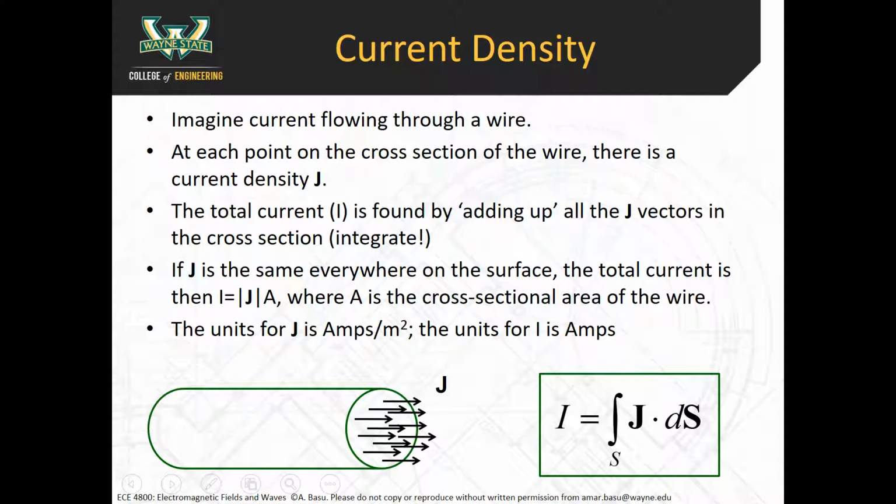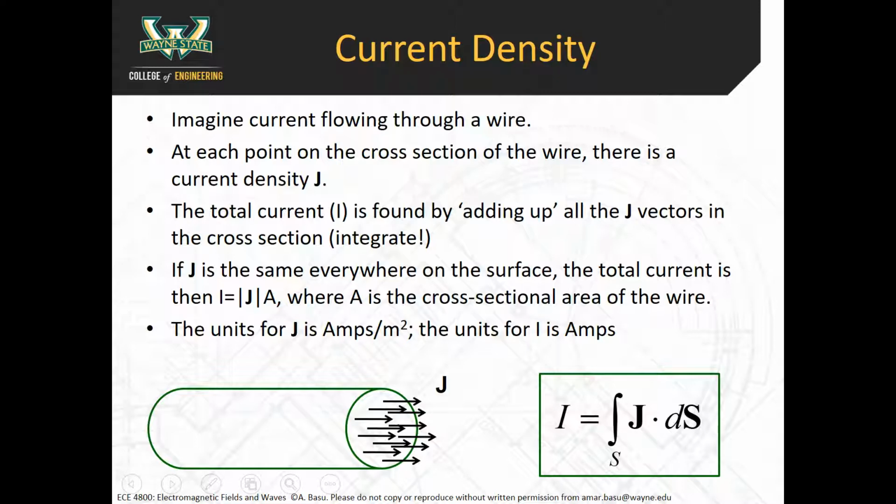These vectors are the current density, and we denote that by J. At each point on the cross-section of the wire, there's a current density J, and the total current is found by adding up all the current density vectors in the cross-section. So we're adding up this arrow here, this arrow here, this arrow here, and so on. So when you're adding up a bunch of vectors, you know that that's basically a surface integral. So the formula here is the total current is equal to the integral of J dot ds.